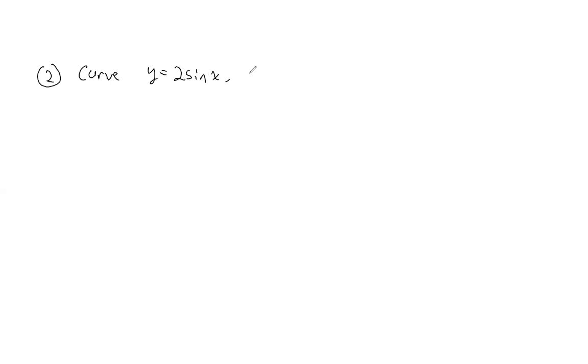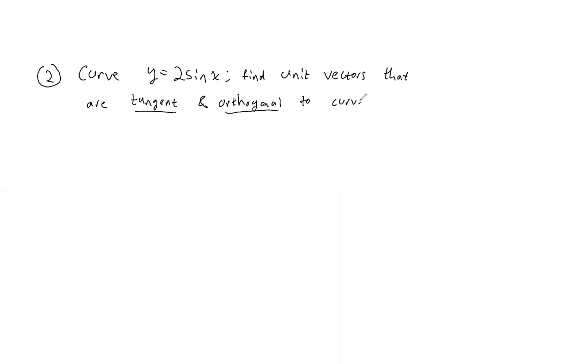And we want to find the unit vectors that are tangent to, so we're going to find the ones that are tangent, and also orthogonal to the curve at the point pi over 6, comma, 1.